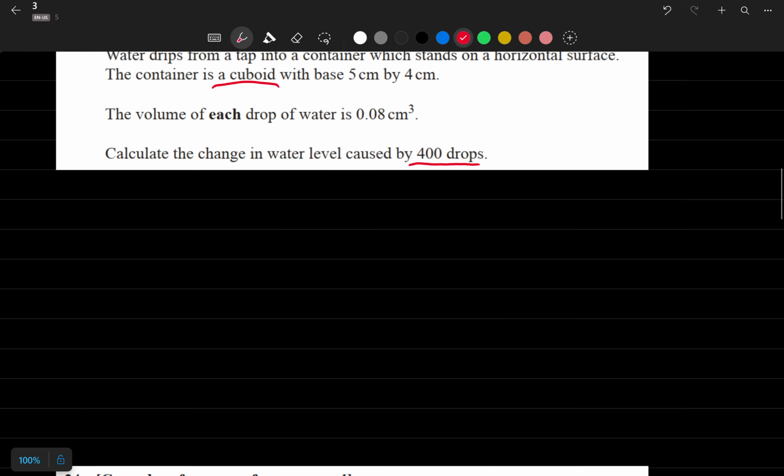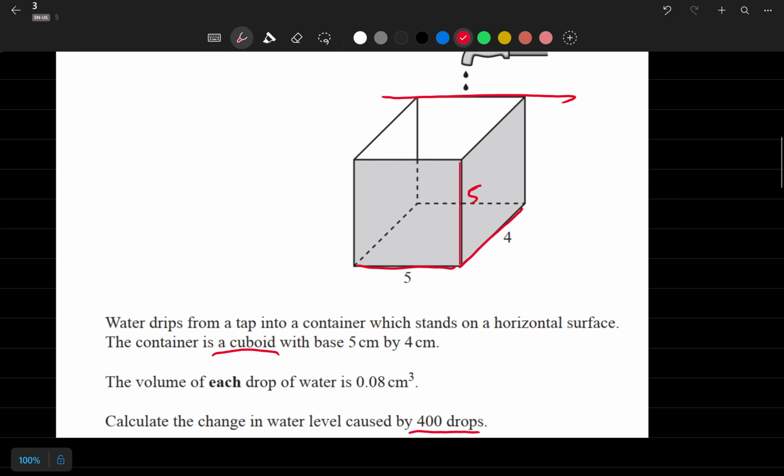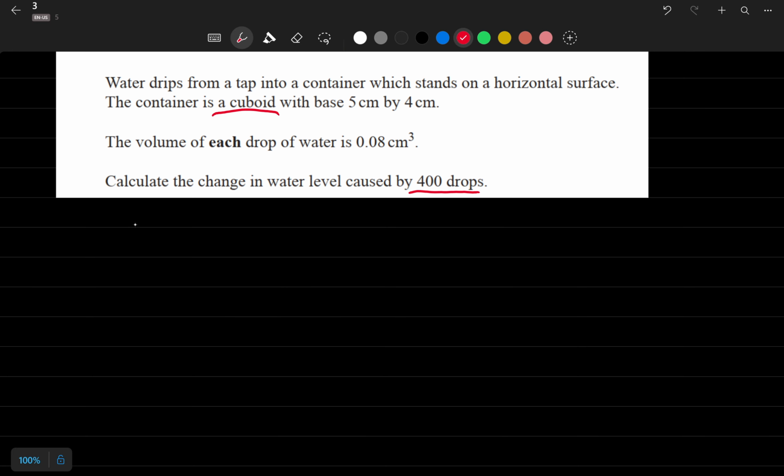So first of all, let's calculate the volume of this container, which is 5 multiplied by 5 multiplied by 4. Length into width into height, which is equal to 5 fours are 20, and 5 twenties are 100 centimeter cube. So the volume of the container is 100 centimeter cube. Now each droplet is 0.08 centimeter cube multiplied by 400 because there are 400 droplets.